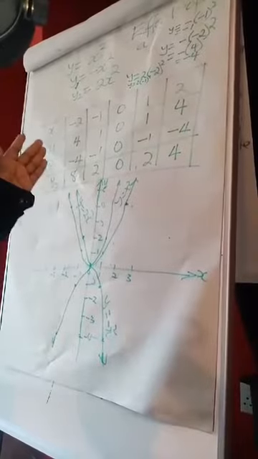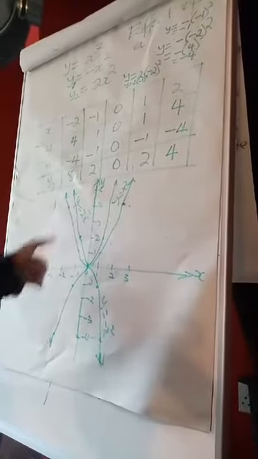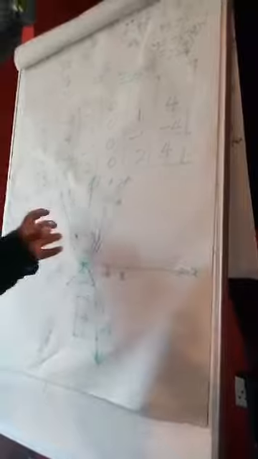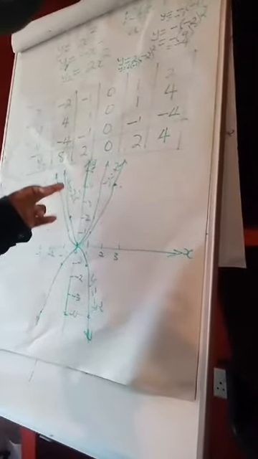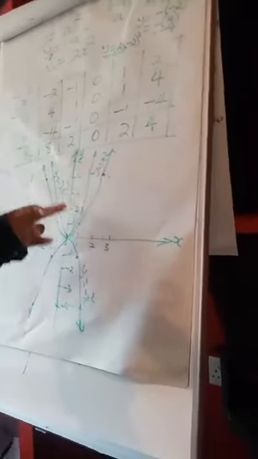Then, what about that one of y is equal to 2x squared? You can see this is like a stretch of the mother graph. The turning point remains the same, so y is equal to 2x squared is just like a stretch of the mother graph.